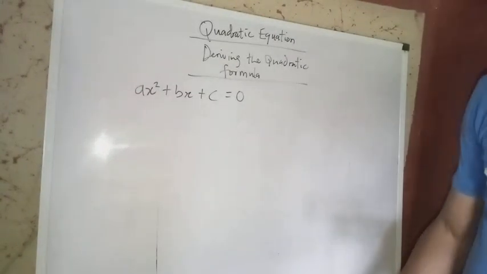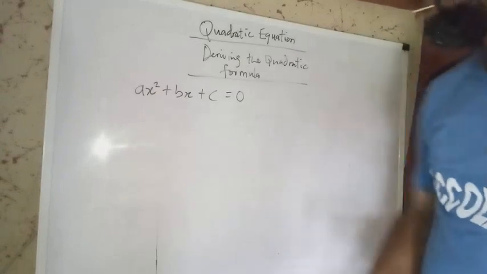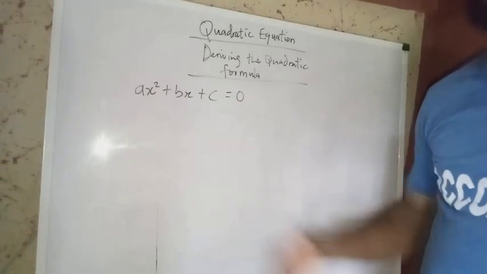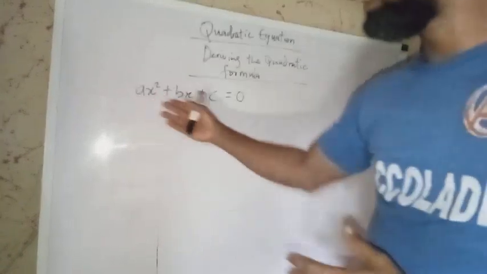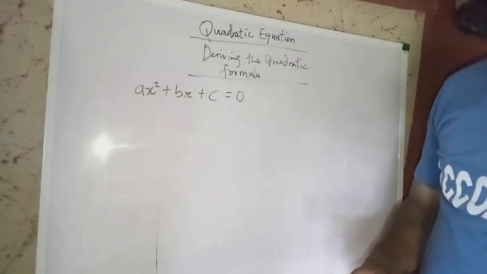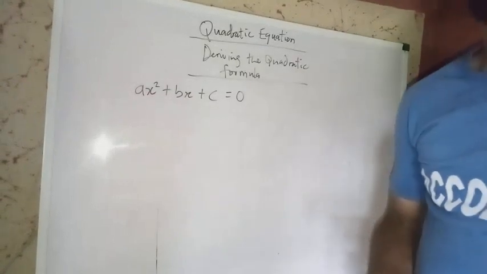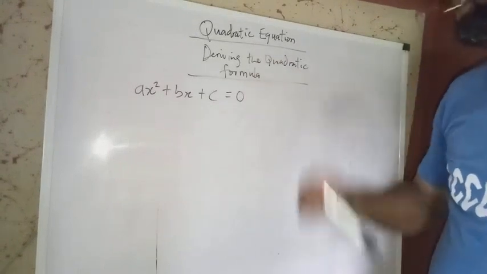We want to use this general form to generate the quadratic formula, and we can use the quadratic formula to solve problems on quadratic equations. It's that simple. All right, so let's start.